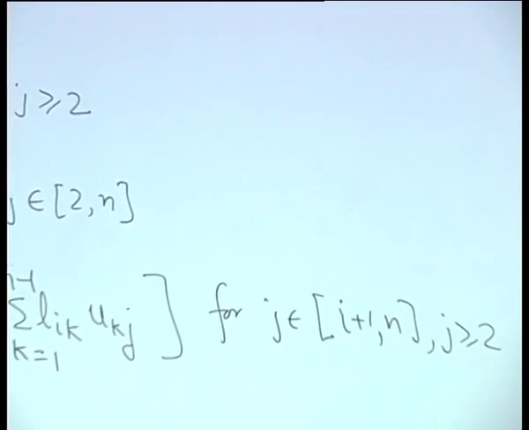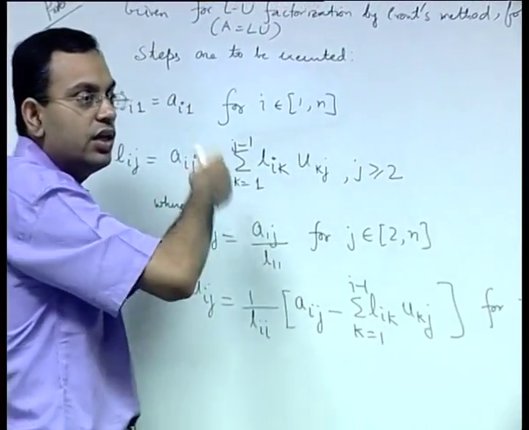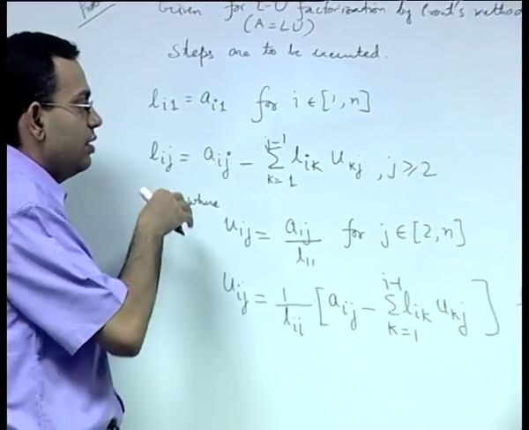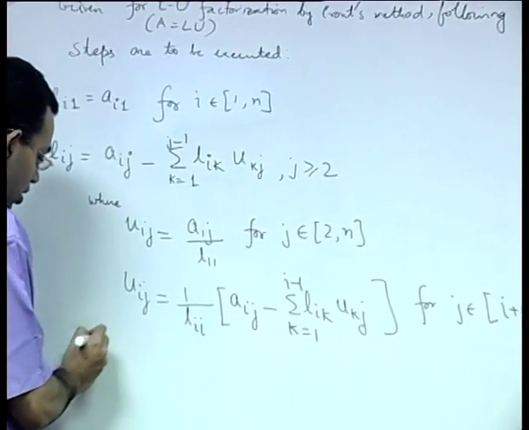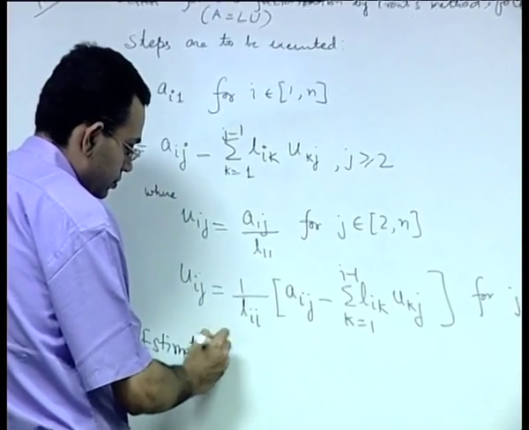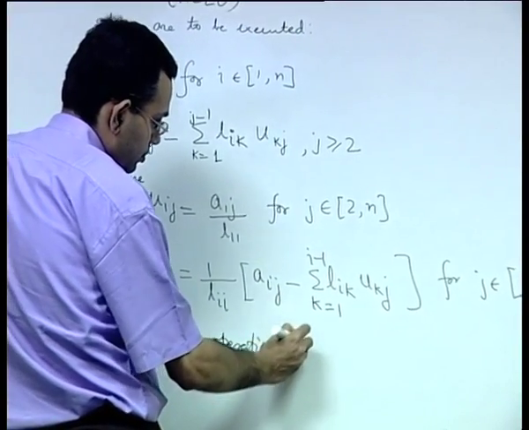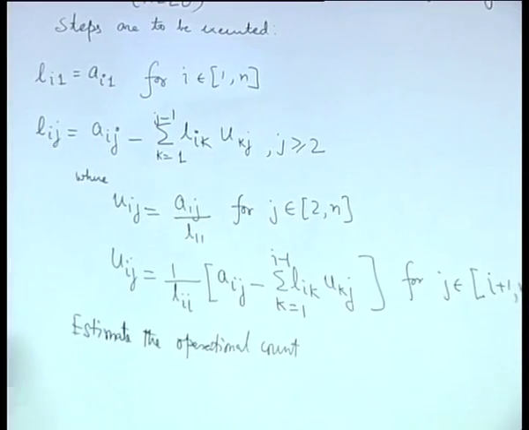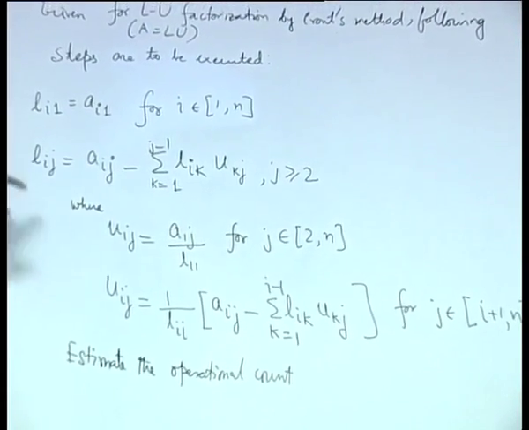I have not written the steps in the order in which they need to be executed, that is what I leave to you as an exercise. But what we are interested in from this is to estimate the operational count. You can see here that the calculations of L_ij and U_ij are mixed.